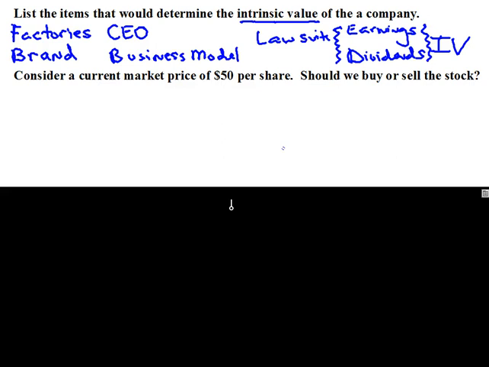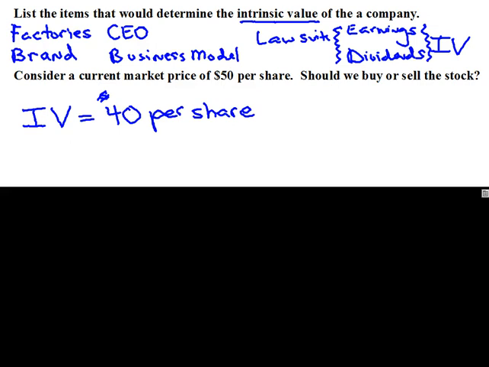So we might say, let's say after studying some company, after looking at all of this information about the company and trying to figure out the earnings and dividends and therefore the intrinsic value, let's say that we believe that the intrinsic value of the company is $40 per share. That's what we believe is the intrinsic value of the company.